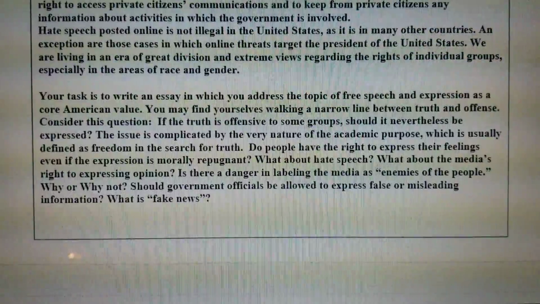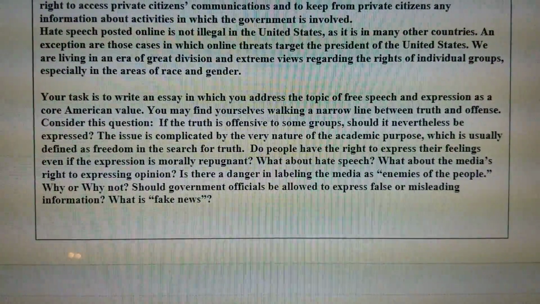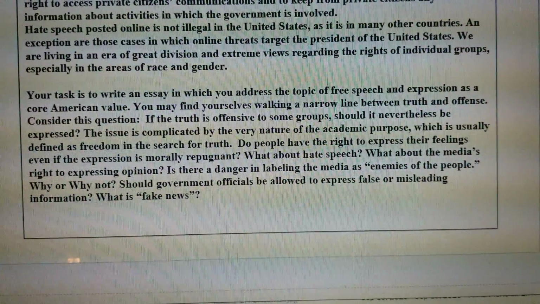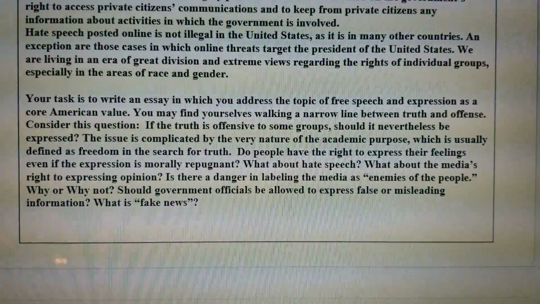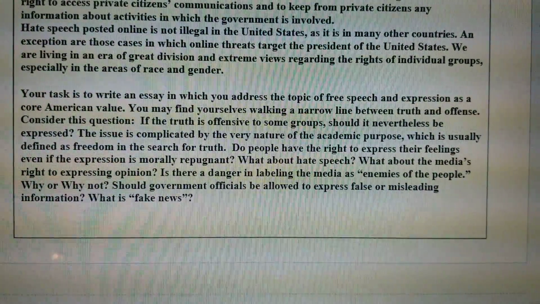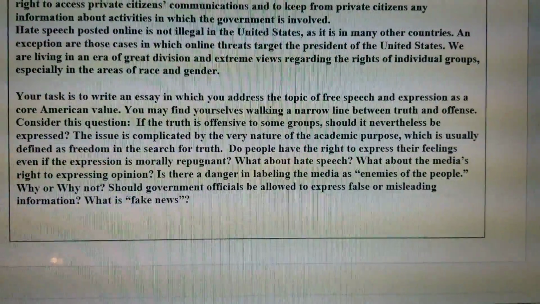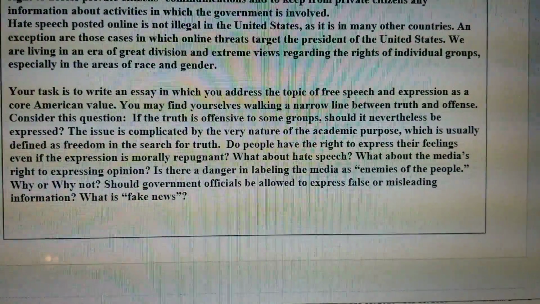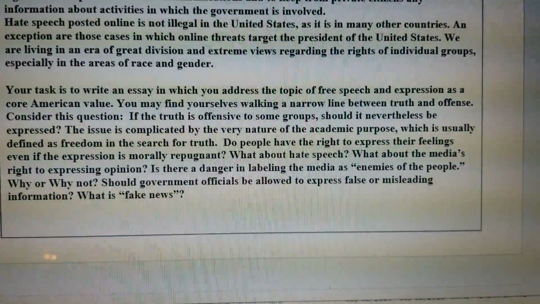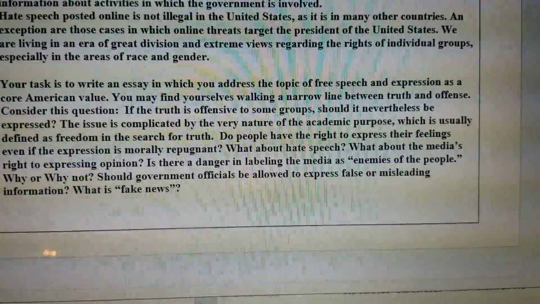This is what it tells you to do as far as your essay. Your task is to write an essay in which you address the topic of free speech and expression as a core American value. You may find yourselves walking a narrow line between truth and offense. Consider the question, if truth is offensive to some groups, should it nevertheless be expressed?